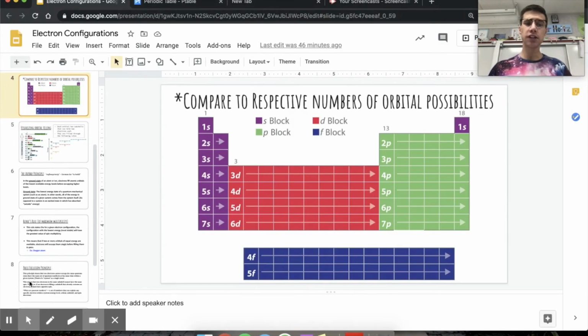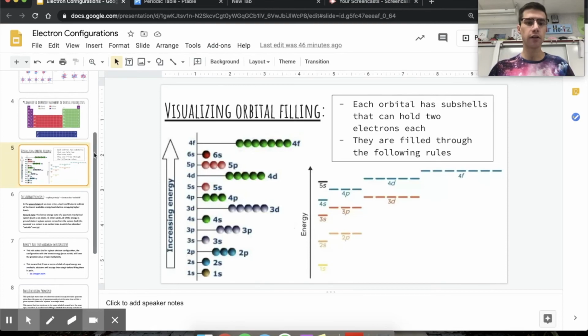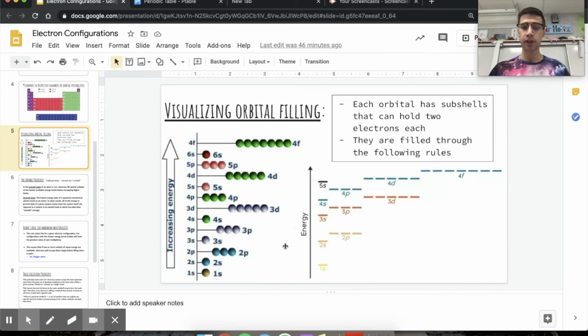So since we haven't looked at any examples yet, you might be kind of confused, thinking, what are we actually doing with this and how does this help us understand the structure of atoms? What we're really going to be doing is looking at structures similar to this that represent each of these subshells for all of the blocks for each energy level.